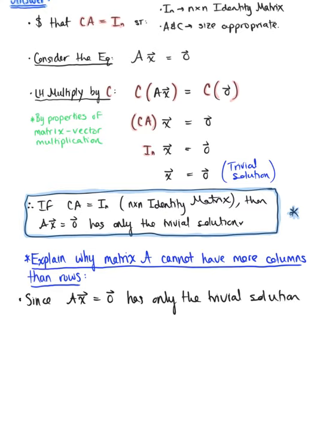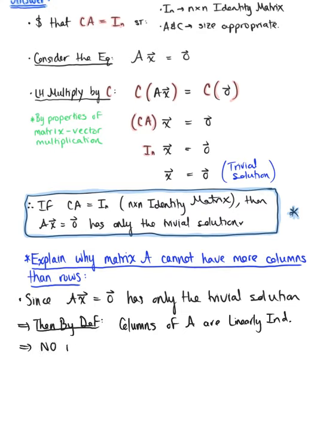Well, since the homogeneous equation has only the trivial solution, then by definition, the columns of matrix A are linearly independent. So the column vectors of matrix A are linearly independent by definition. So if the columns of matrix A are linearly independent, then this lets us know that no free variables exist.